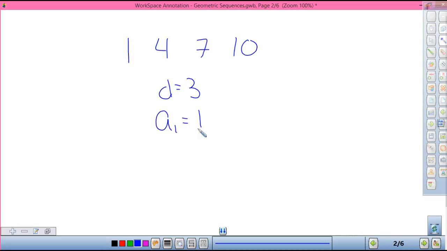So my formula, if you remember, was a sub n equals 3 times n minus 1 plus 1. Like that, it was your common difference times n minus 1 plus 1. Alright, so this was when you were adding to each one, right?